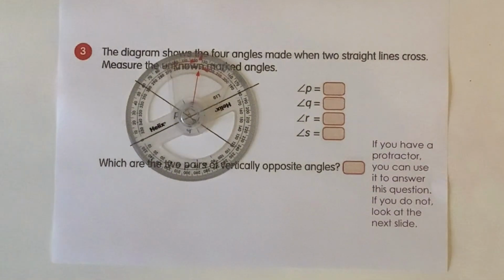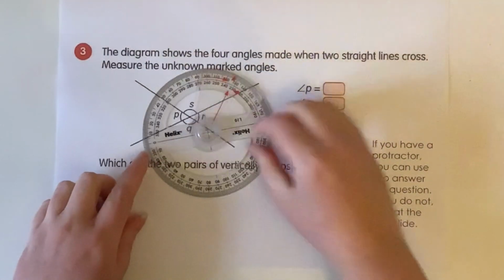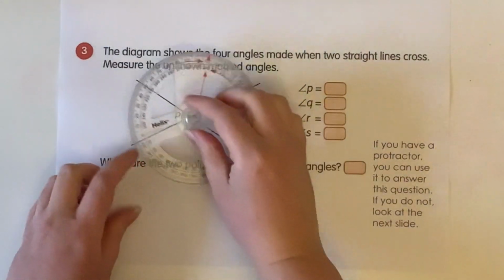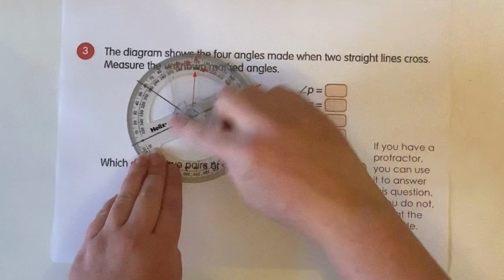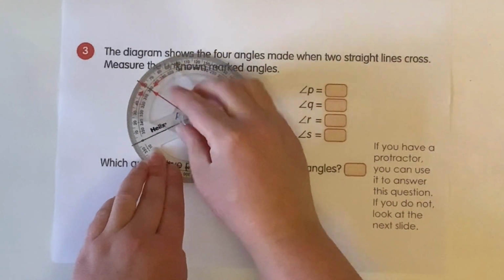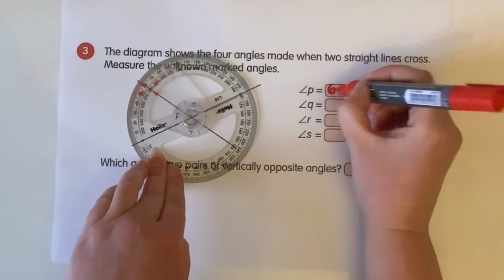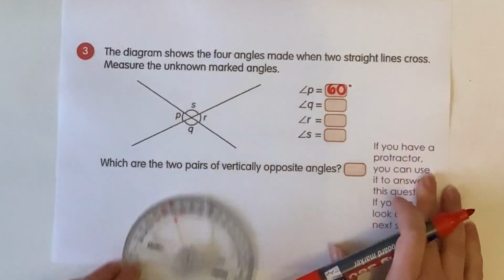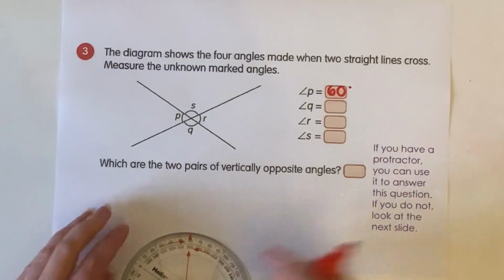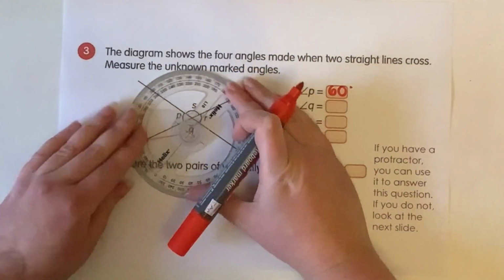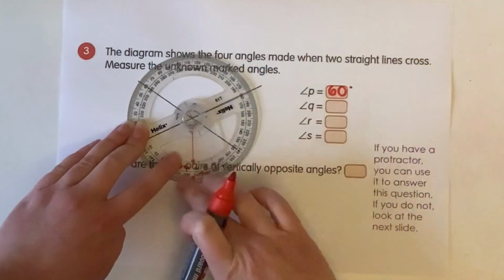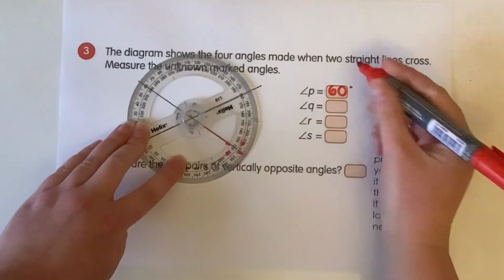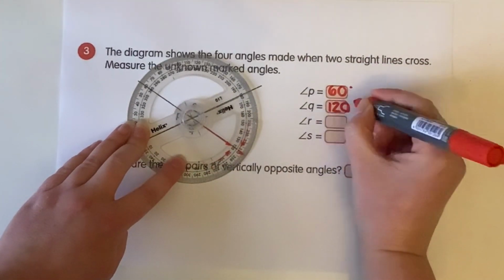Right, so let's have a look at this together. So angle P here I'm going to measure first. So angle P, from my 0 to my line is 60 degrees. Angle Q, this one here, if I line it up ready to measure, from 0 round is 120 degrees.